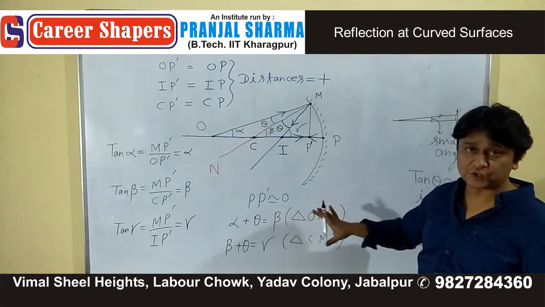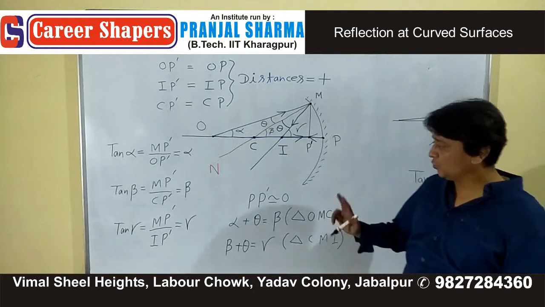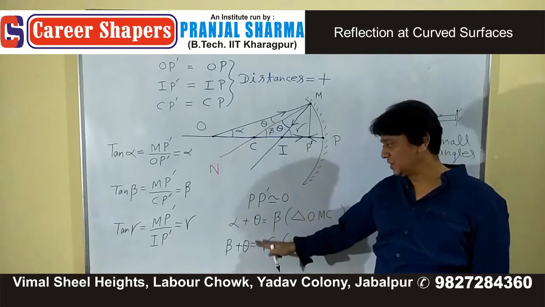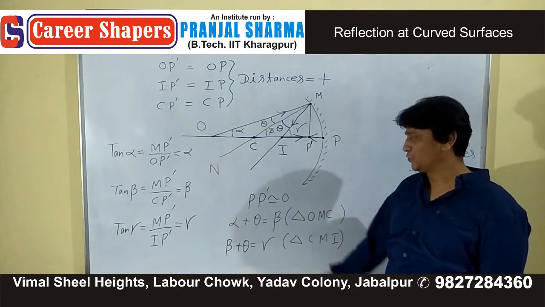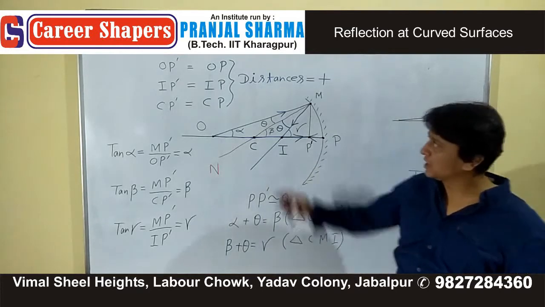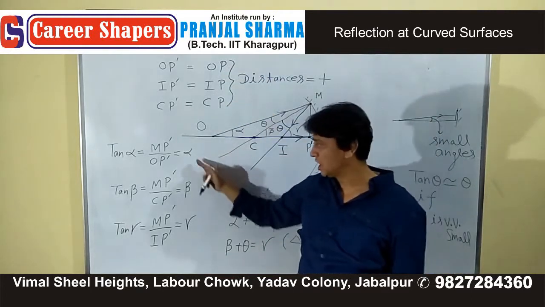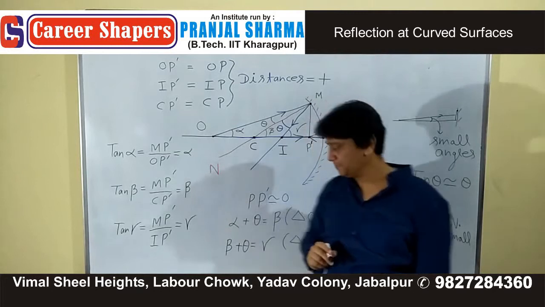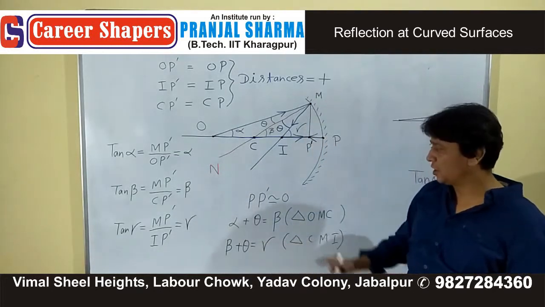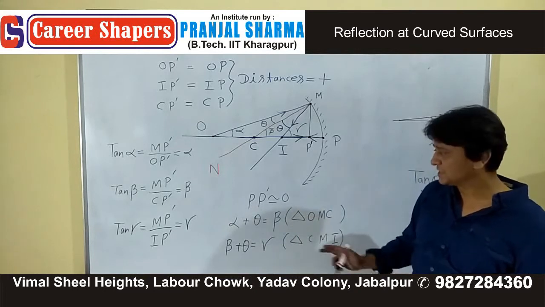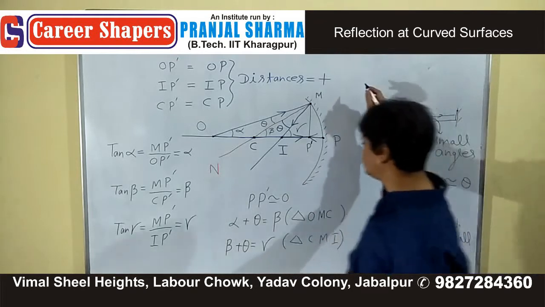Now once you reach this stage, you should remember that we need to eliminate theta from these two equations. Why? Because we don't need theta. We need a relationship between these distances, and that will come with the help of alpha, beta and gamma. Therefore, let's get rid of theta. Simply subtract the second equation from the first one and you get this.